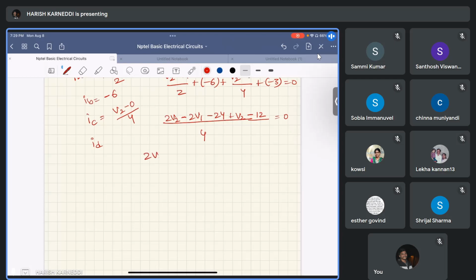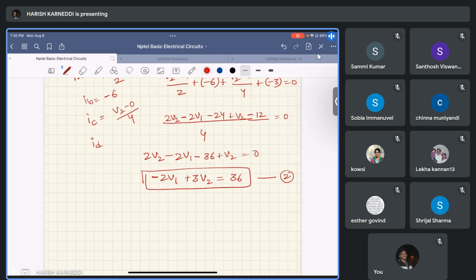That is 2V2 minus 2V1 minus 24 minus 12, it is minus 36, plus V2 equal to 0. This 36 goes to that side. So minus 2V1 plus 2V2 plus V2, it is 3V2, equal to plus 36. This is our equation 2 at node 2.